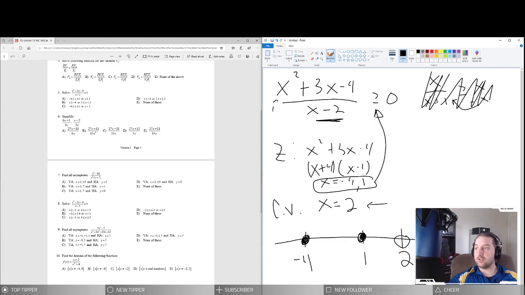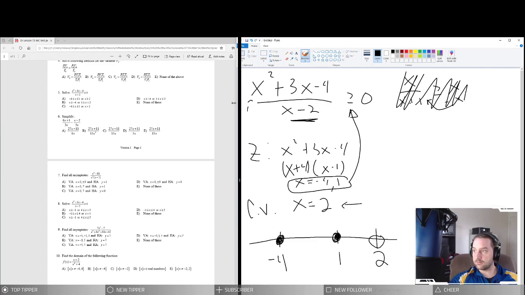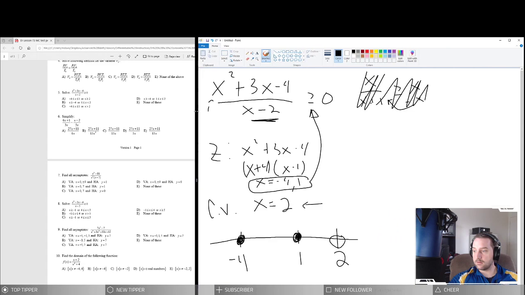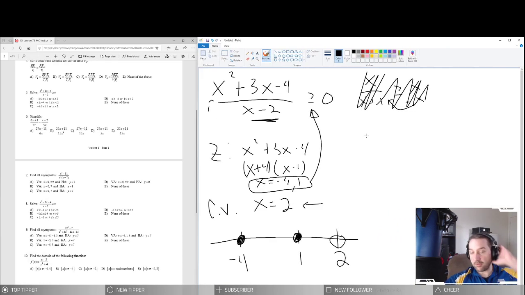Now, all I need to do is test true or false. Another thing that I can do is a sign chart and see where it's positive or negative. It doesn't really matter. We just need to find the area in which it's going to be shaded.